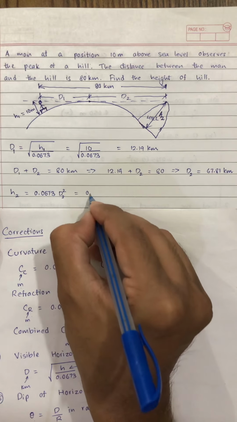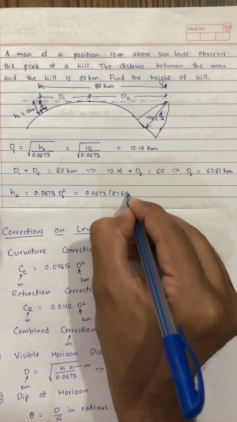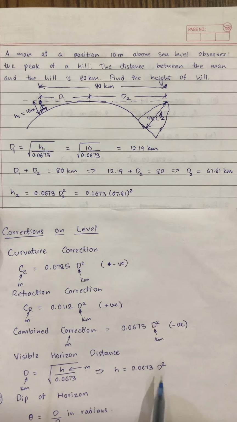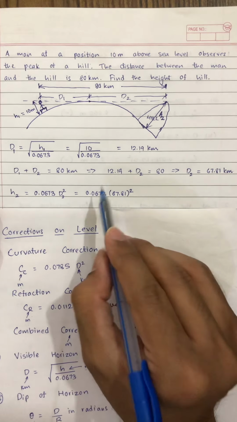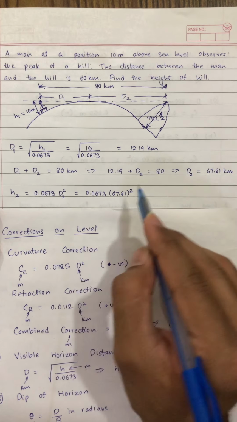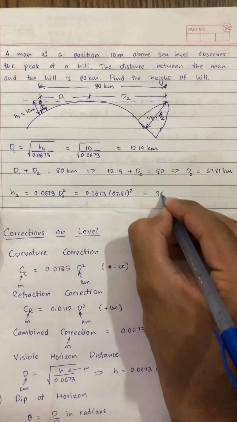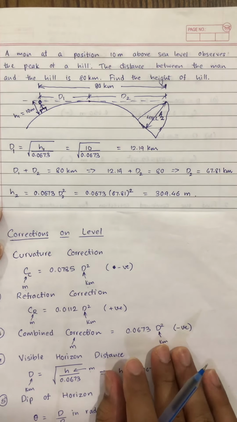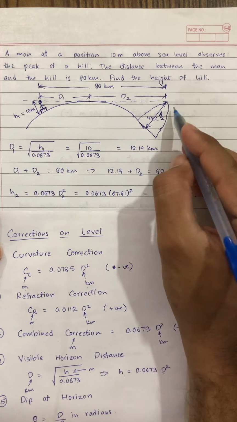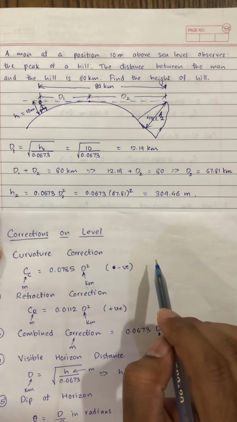So simply substituting, 0.0673 into 67.81 square. Now if d is in kilometer, h will be in meter. So this value comes out to 309.46 meter. Hence we calculated the height of the hill as 309.46 meter.